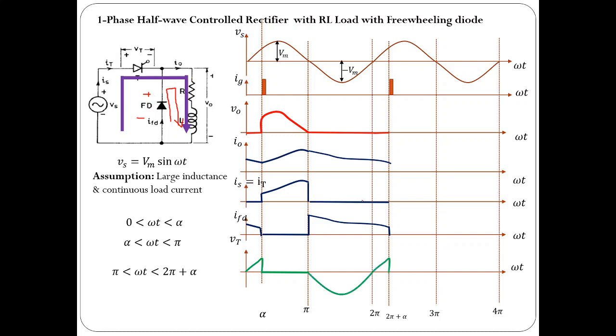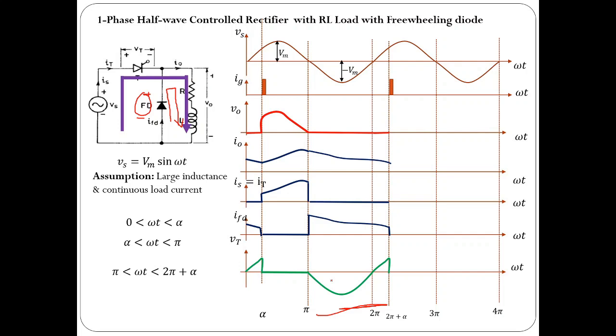And during this period, what is the voltage across the thyristor? Because the freewheeling diode is conducting, the voltage across the freewheeling diode is going to be 0, and the voltage across the thyristor would be the same as Vs. As long as this diode is conducting, that is from pi to 2 pi plus alpha, the voltage across the thyristor would be the same as Vs. It is shown here.